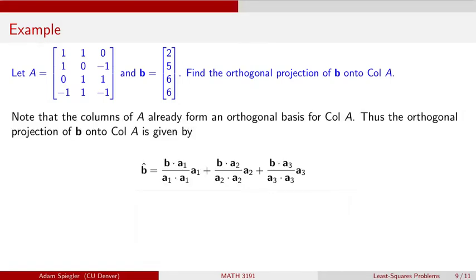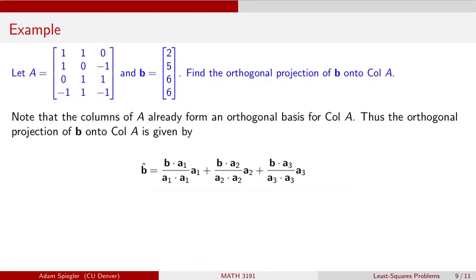So the first thing to note is that the columns of matrix A are all linearly independent and they're all orthogonal to each other. So we already have an orthogonal basis for the column space of A, namely here's vector 1, here's vector 2, and here is vector 3.